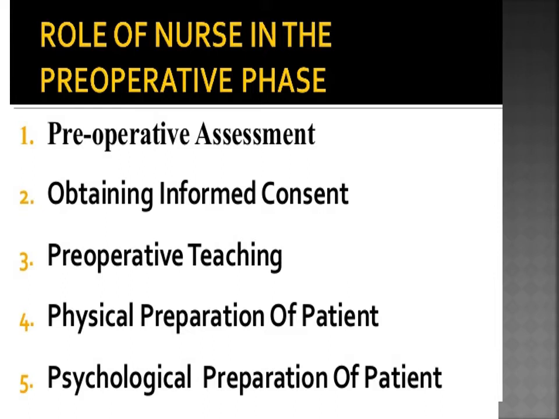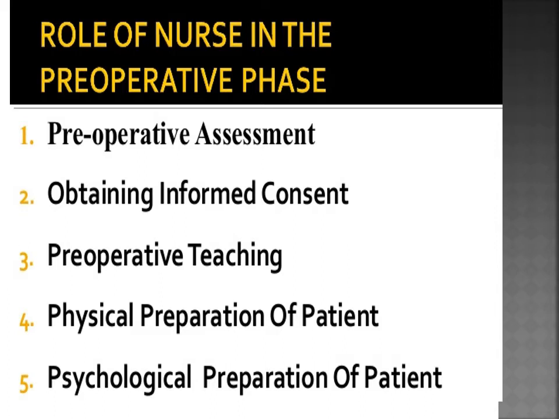Next, the physical preparation of the patient. Again, it depends upon what surgery the patient is having. For example, if the patient is going in for a coronary angiogram, the procedure can be done via the groin. Or these days, the procedure can be done from the wrist as well.